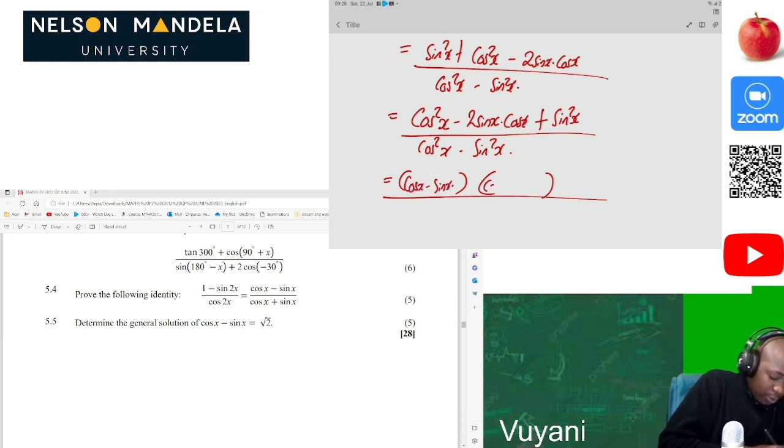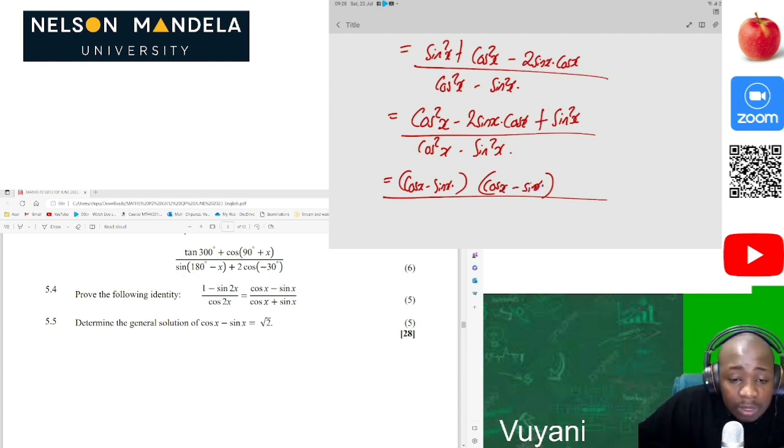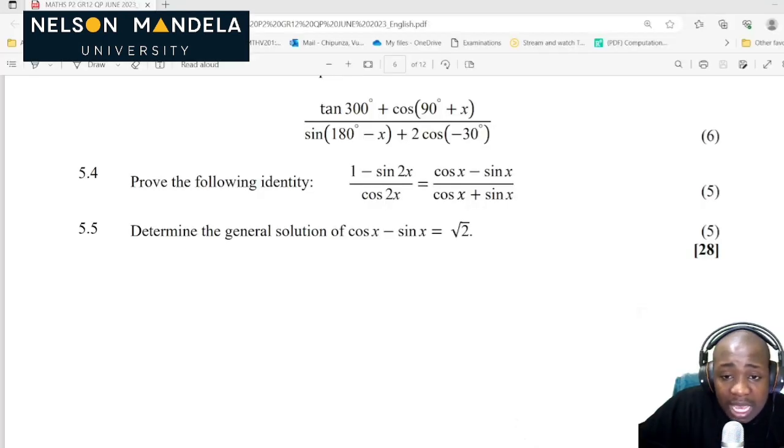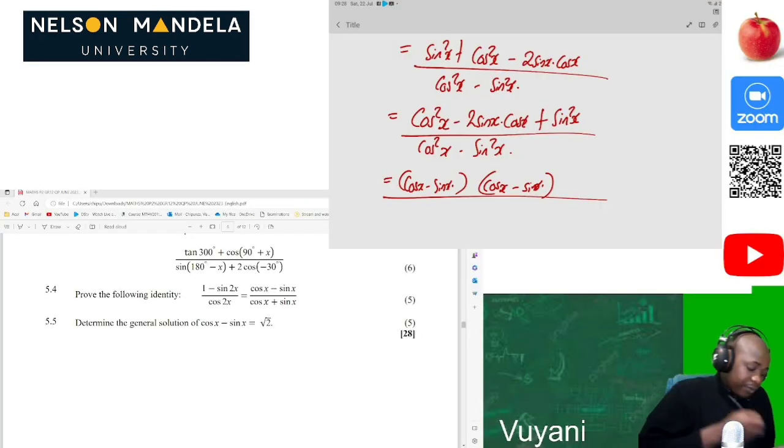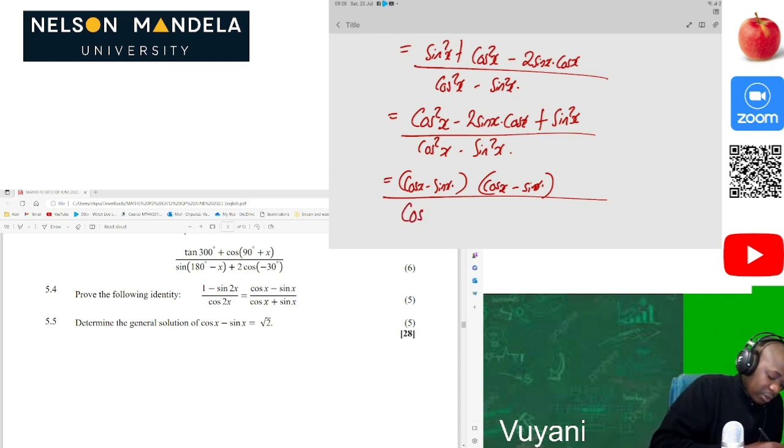Then the other one will be cos of x minus sine x. Okay, let's see if it corresponds to the other side. Yeah, that will be that there. Then on the bottom, of course, that's the difference of two squares, so that will be cos of x minus sine x, and also cos of x plus sine x. Since it's a difference of two squares, this and this will cancel.